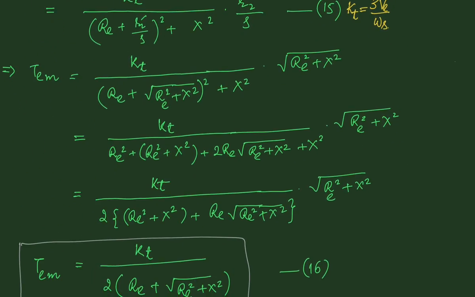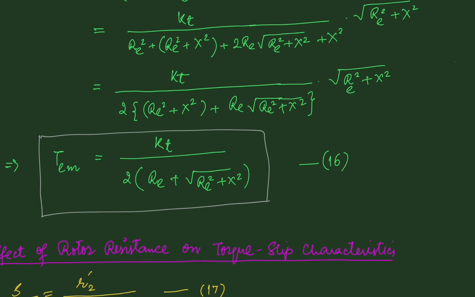and hence the maximum torque TEM will be given by TEM equal to Kt divided by (Re plus, now for maximum torque we know R2 prime by S_mT is equal to square root of Re square plus X square) whole square plus, here we have X square, and this again R2 prime by S will be equal to square root of Re square plus X square, and then we'll open this square here and we'll simplify this expression to get the expression for the maximum torque developed.